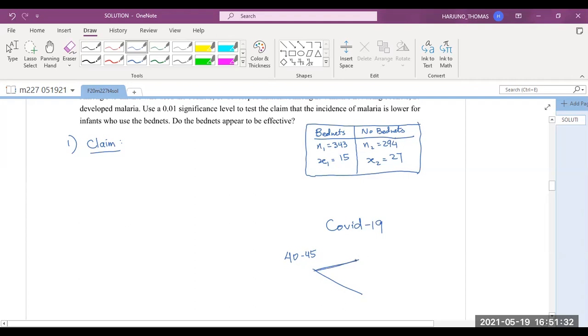The probability to catch COVID and show symptoms is only around, let's say, 3%. And the probability that people at my age, if I catch COVID, end up dying is approximately 0.3%.